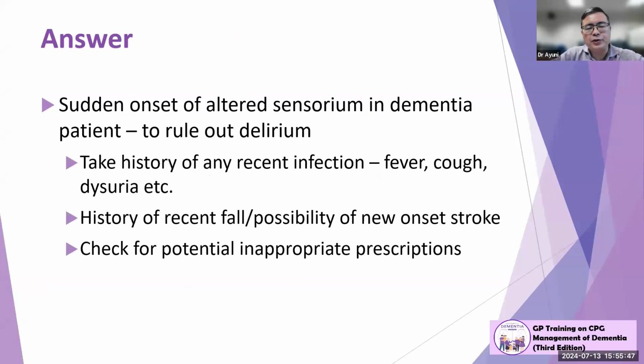We can take history of any infection: fever, cough, urinary symptoms, etc. Then we take other history like falls, the possibility of a stroke, CVA, and check for potentially inappropriate prescriptions.